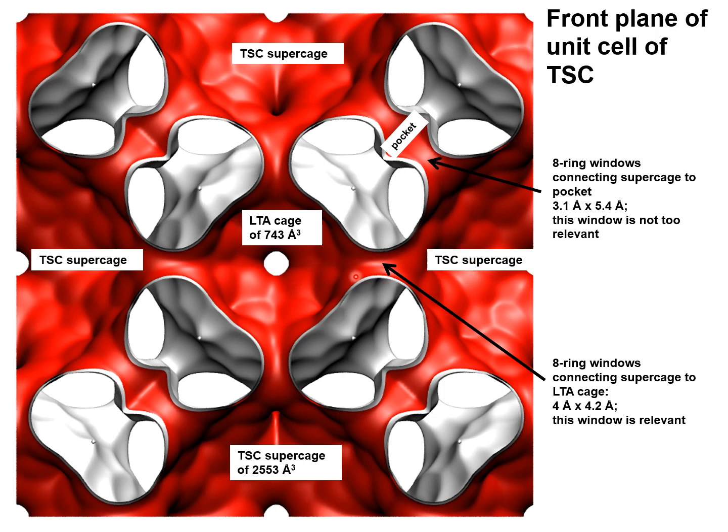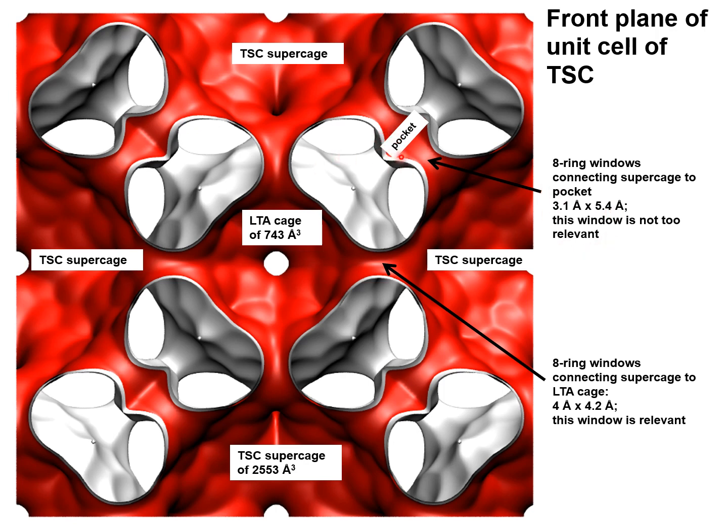The super cages are connected to LTA cages by 4 angstrom to 4.2 angstrom size 8-ring windows shown here. The super cages are also connected to small pockets through 8-ring windows that are 3.1 angstrom times 5.4 angstrom in size.